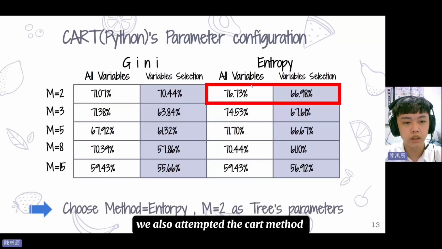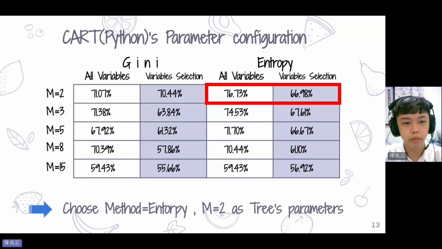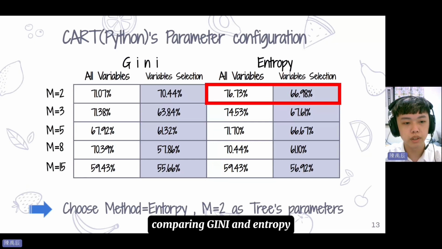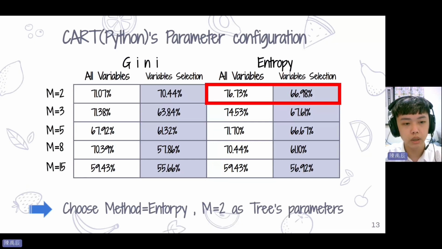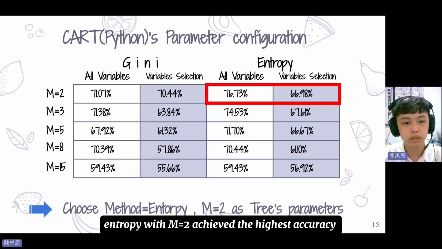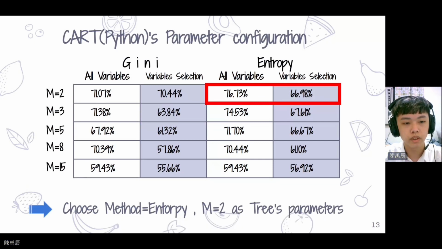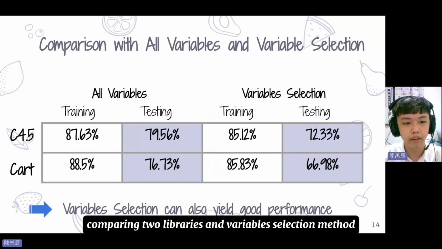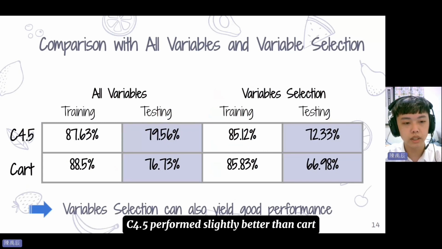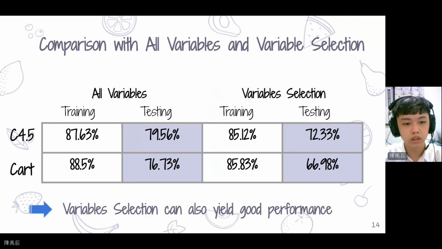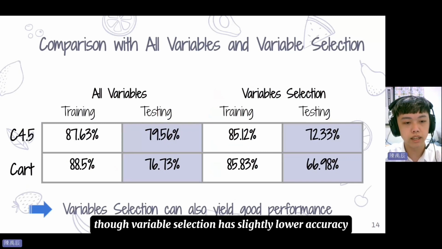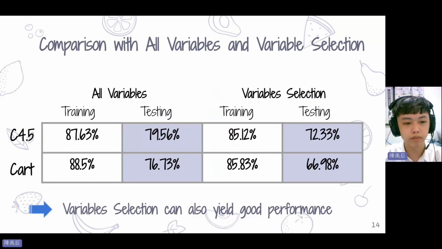We also attempted the CART method, comparing Gini and entropy. It was found that entropy with n equals 2 achieved the highest accuracy. Comparing 2 libraries and variable selection methods, C50 performs slightly better than CART. Though variable selection has slightly lower accuracy, it still shows good performance.